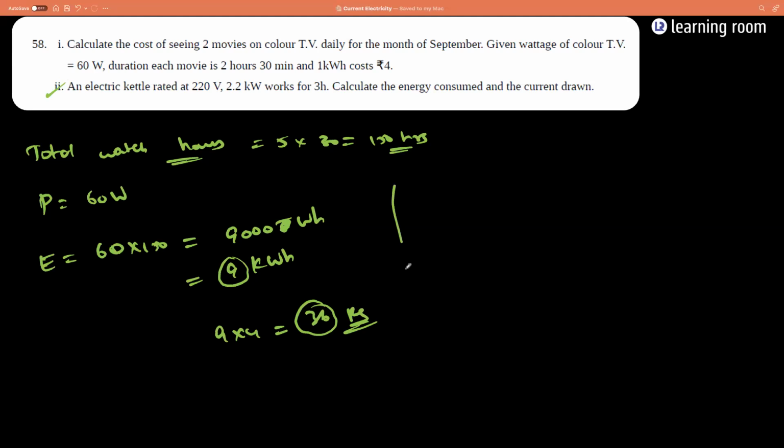What about this? An electric kettle rated at 220 volt and 2.2 kilowatt works for 3 hours. Calculate the energy consumed and the current drawn. So for energy consumed, multiply 2.2 with 3.